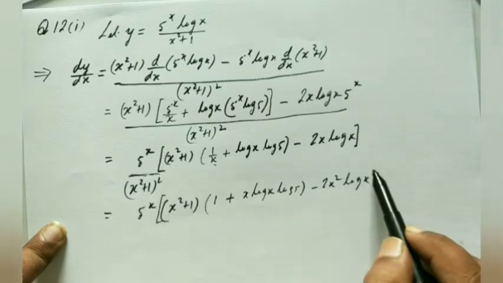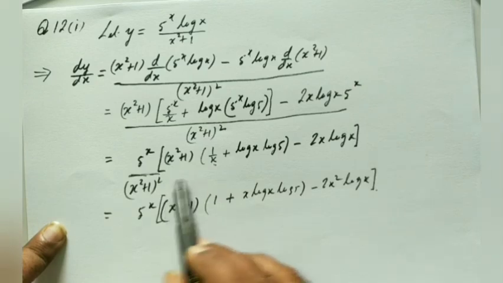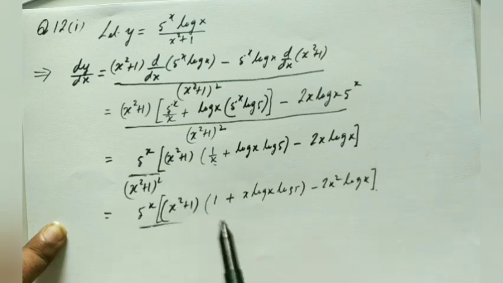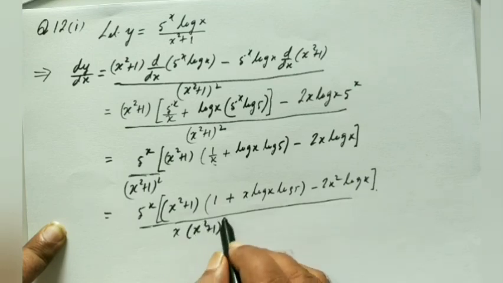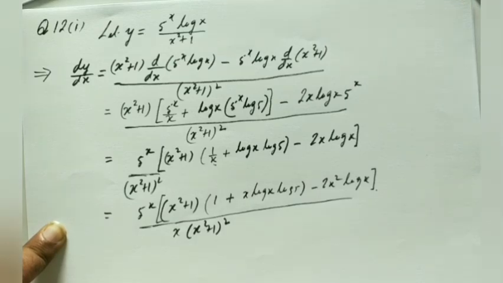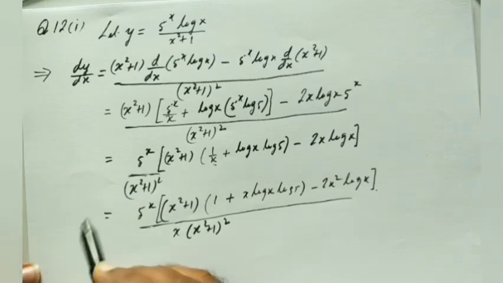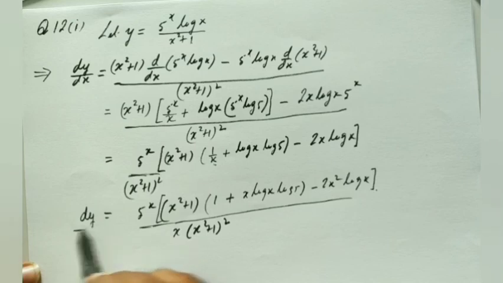From here to here, and this x square plus 1 whole square. So it's equal to this.